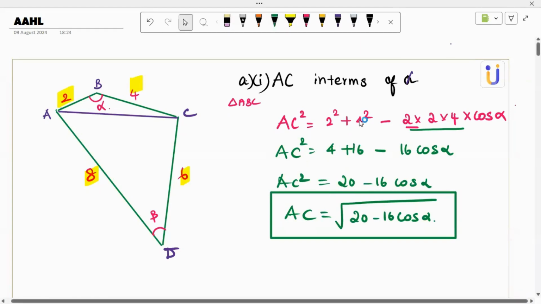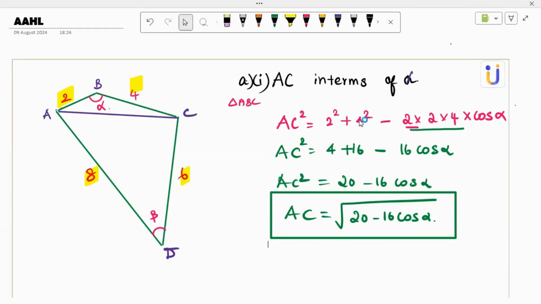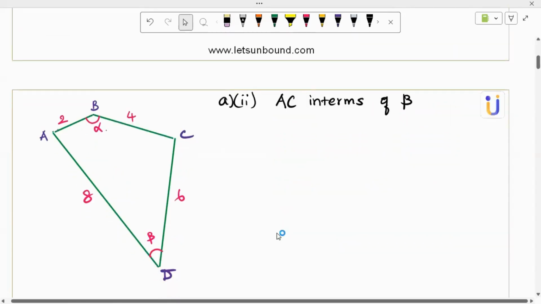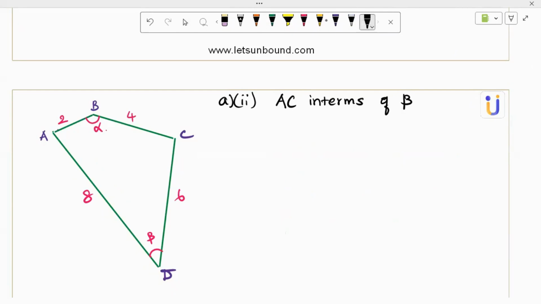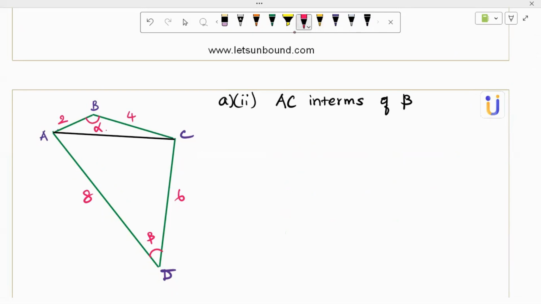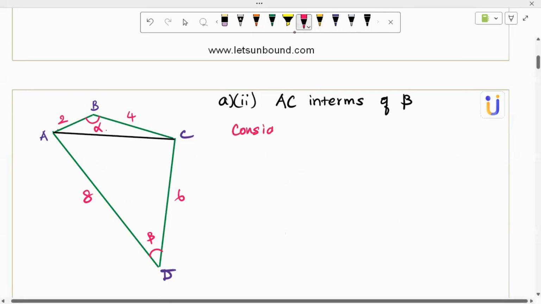First part is done. Next part is very similar to this. We have to find AC in terms of beta. That's the next part, so same thing. Again, I want to include the AC, so let me connect A and C. But now I'm going to consider this triangle. Consider triangle ADC.